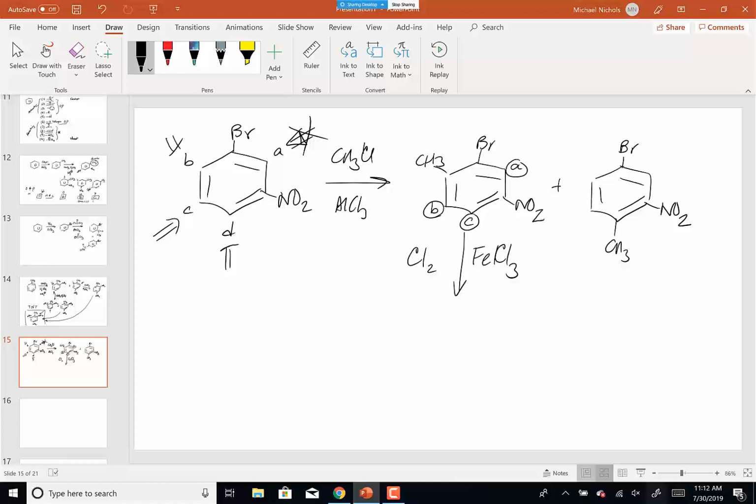Those are letters, but they're not A, B, or C. So where should I put the chlorine in the product? The product's going to get a chlorine. Should it go to A, B, C, or some combination of letters? B? We all in agreement it'll go to B?